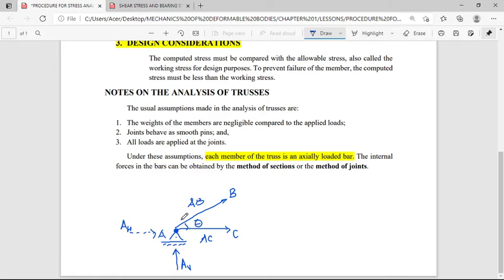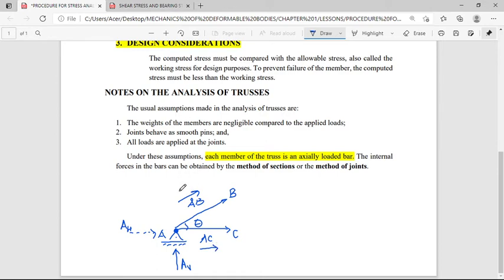So, itong system na to ay kinoconsider mo as a concurrent force system. Kung titignan mo mabuti, ito si force AB, halimbawa, ito yung assumption mo kay force AB. And dito kay force AC, may assumption ka din.